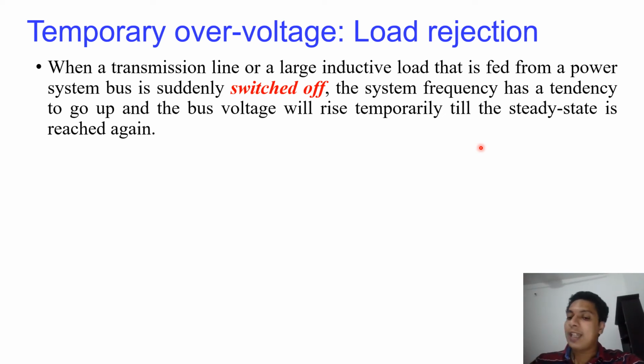When your load is taken out, the mechanical power is more and your electrical output is lesser. You have generation, but your demand is comparatively lesser. Then the prime mover faces a lesser opposing effect, which is why it will start rotating a bit faster. That is why your frequency will increase.